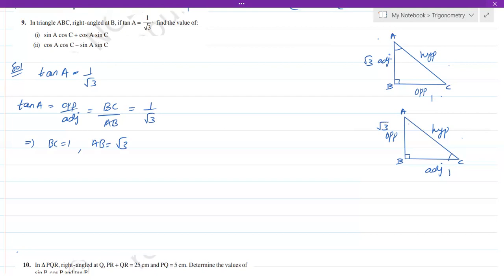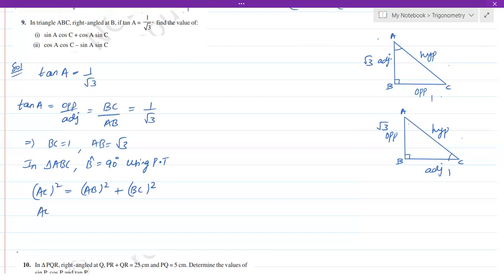So we'll find the remaining side AC using Pythagoras theorem. In triangle ABC, angle B is 90 degrees. Therefore, using Pythagoras theorem, we get AC square is equal to AB square plus BC square.